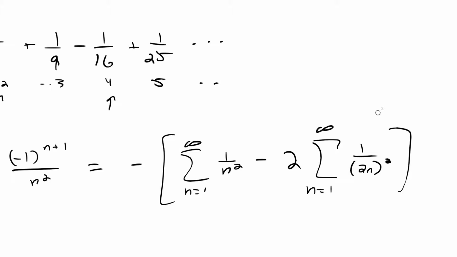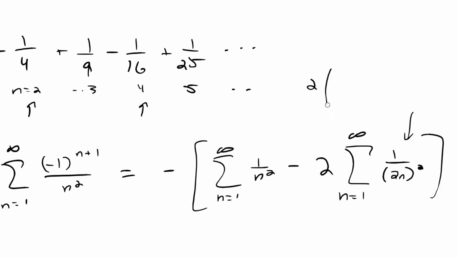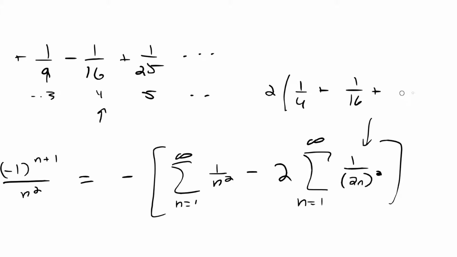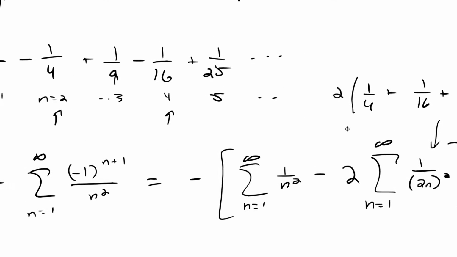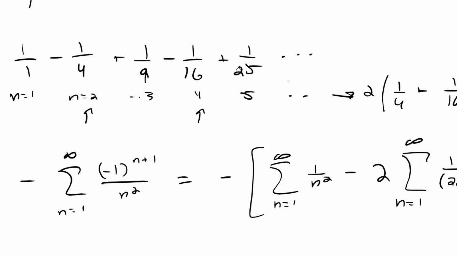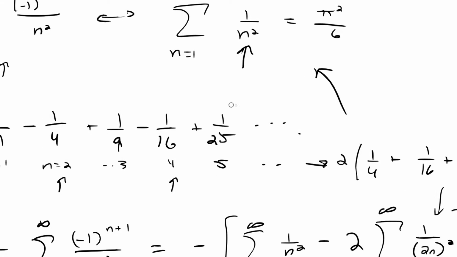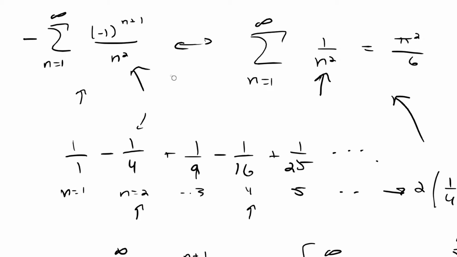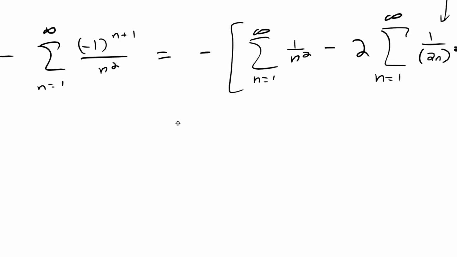If you write out the partial sum, these terms are 2 times 1 over 4 plus 1 over 16 plus 1 over 36 and so on. It should be obvious that if you subtract this from the sum of 1 over n squared, where all of these are positive, you'll get the even terms to become negative instead, which is exactly what we have in this sum. And that is why these are exactly the same.